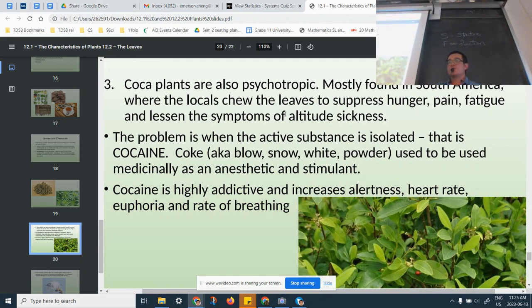Okay, the concentration of the active ingredient is a lot lower on the leaves than it is in the purified form. A lot less. Once it's isolated or purified, that becomes cocaine, and the concentration is a lot more times concentrated. Okay.